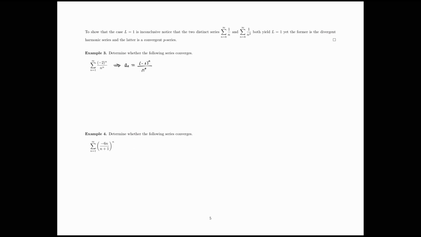But notice here that everything is being raised to the nth power. And for the root test, we take a look at the limit. Let's not forget that limit there. It's fairly important. The limit as n goes to infinity of the nth root of the absolute value of this expression.